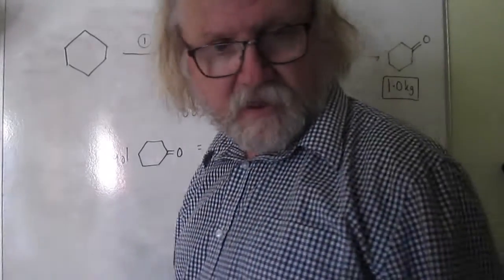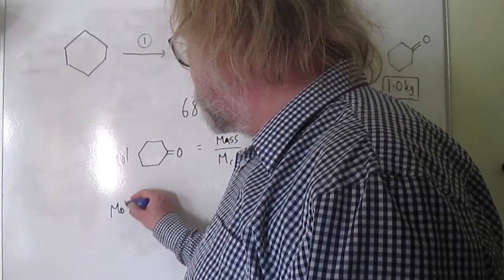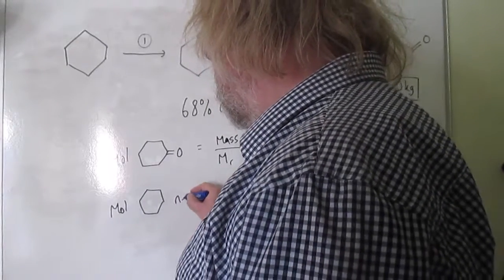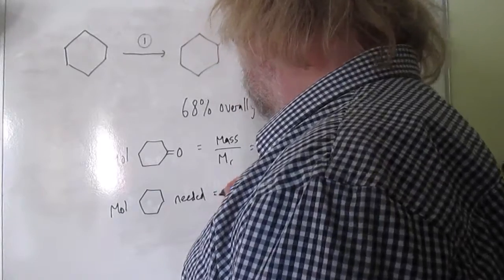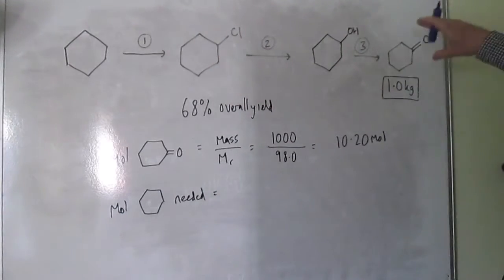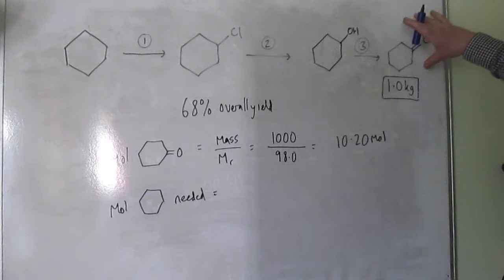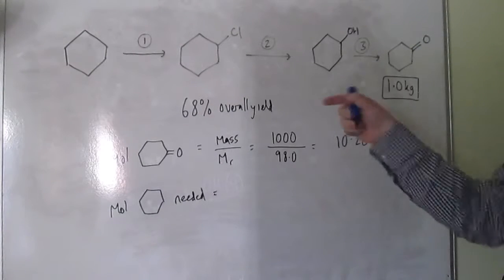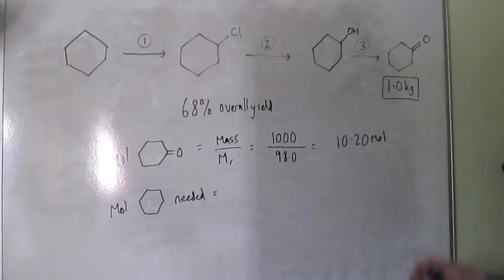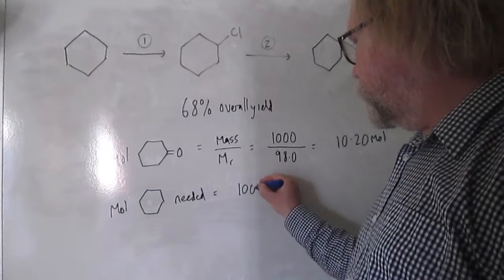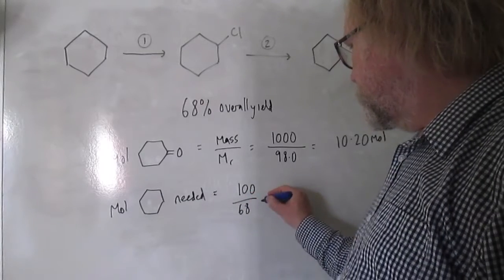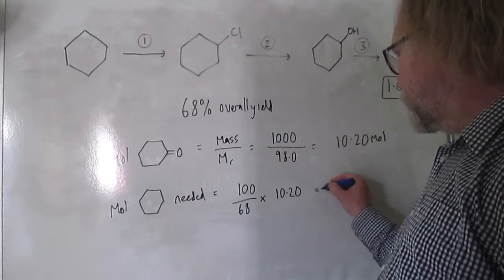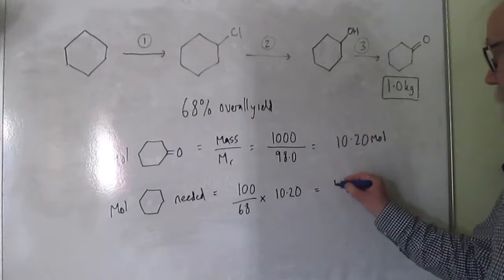So the moles of cyclohexane needed equals 100% of the number of moles we could have got, because you can see 1 mole of this goes to 1 mole of that. So we've just got to scale up from 68% to 100%. So it's 100 over 68 times 10.2 moles, which is 15.01 moles.